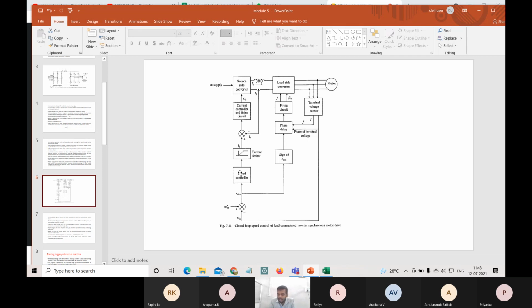Before that it was saturated in order to accelerate and obtain the fast speed. So after getting the desired speed, the current limiter desaturates, which reduces the reference values of the acceleration.